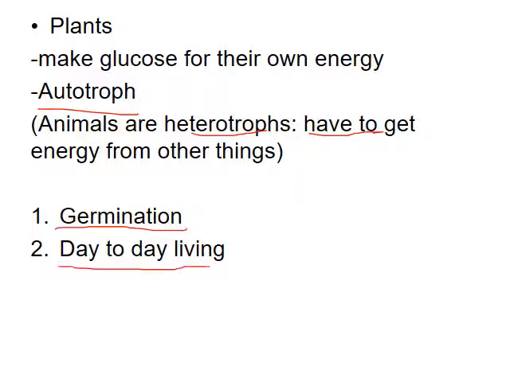And also, even though plants just sit there and look like they don't do much, they still are living and need energy. They get the energy to do their work from the glucose that they make.